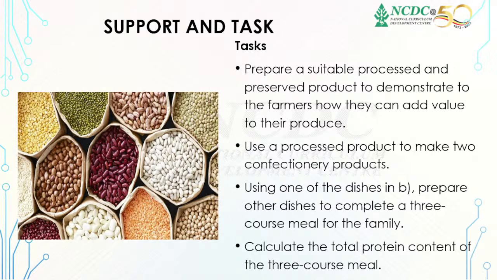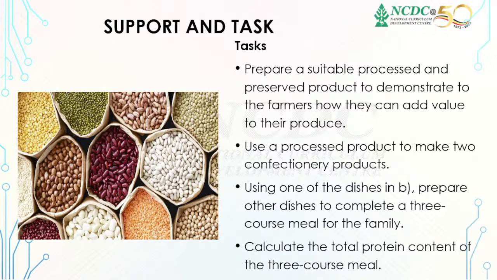If the learner is processing soya in the first place, and in the second part I want to use soya flour, the learner does not have to be tied to the soya that was processed in part A, because probably it didn't come out well, but they can use soya flour, and therefore we expect the school to provide the soya flour. That's why we are saying use a processed, not the processed, a processed product to make 2 confectionery products.